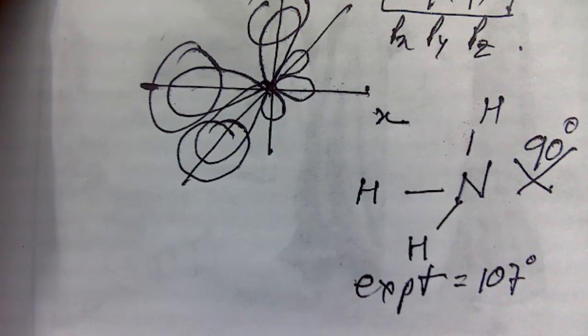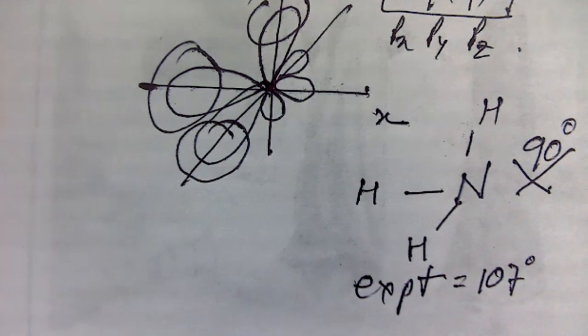So here also it is not matching, isn't it? So what happens when I take water or ammonia? They're not matching. How the bonding takes place can easily be explained, but how the angle, or how much the angle is, that cannot be explained.